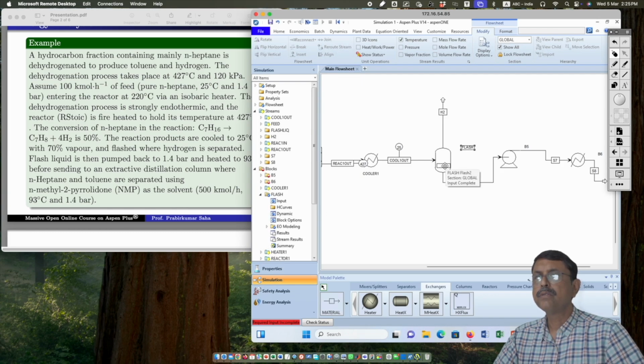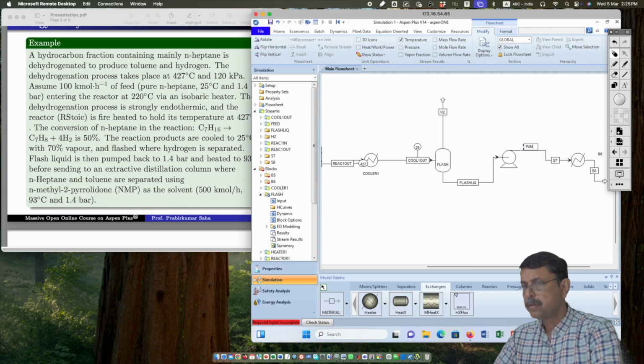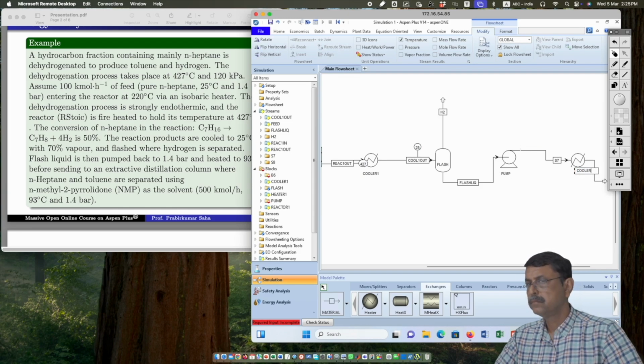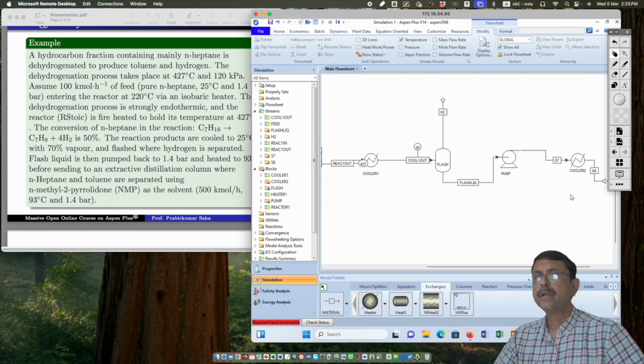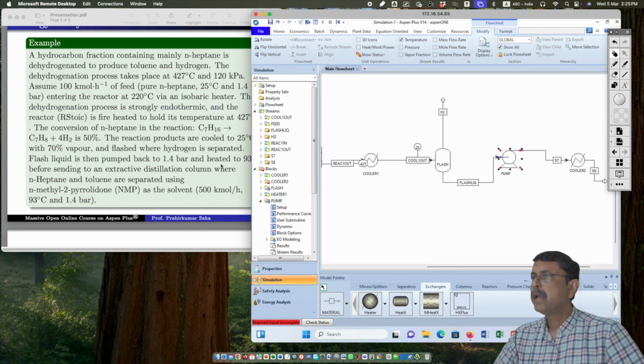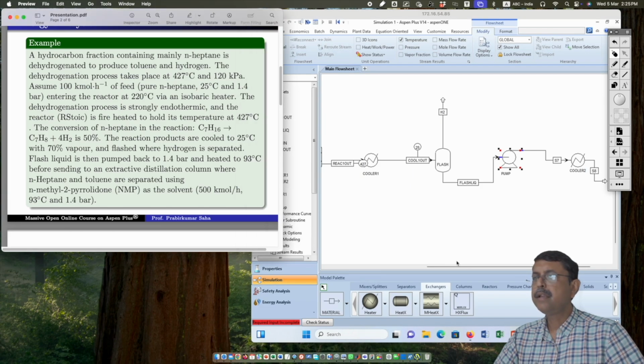So this is a flash tank. So we just write over here flash, and this is pump. And this one is cooler 2. Okay. And pump, the discharge pressure is 1.4 bar, right? So it is 1.4 bar. And it is heated to 93 degrees centigrade.